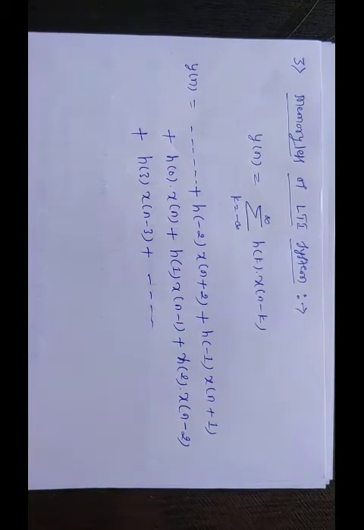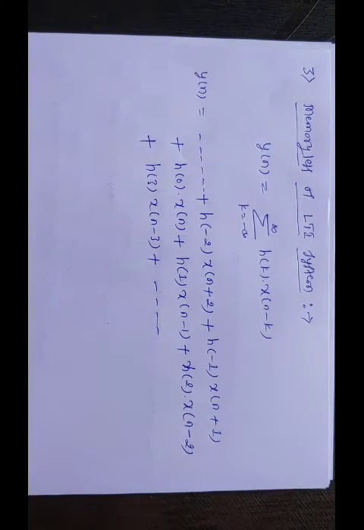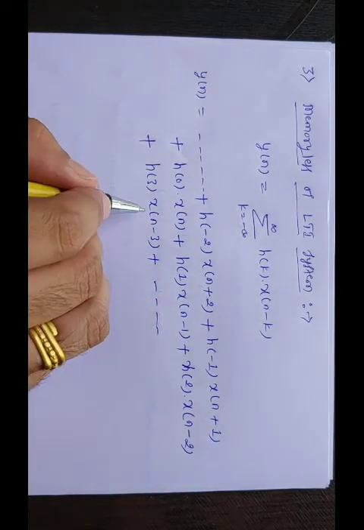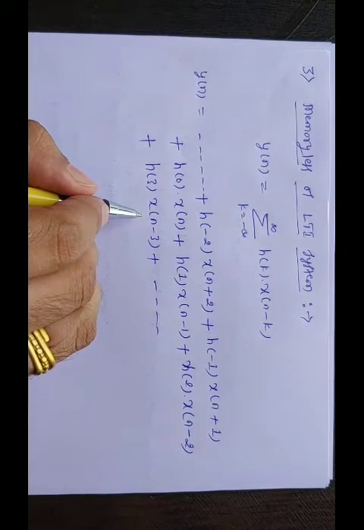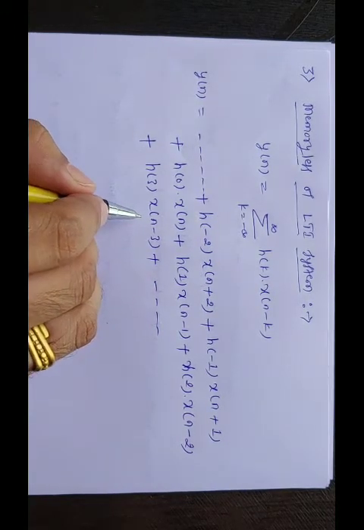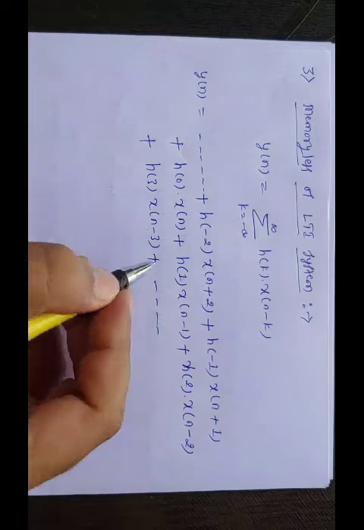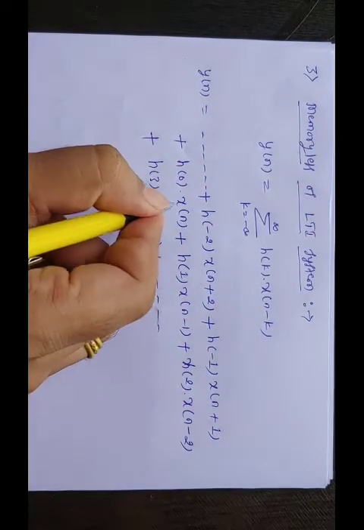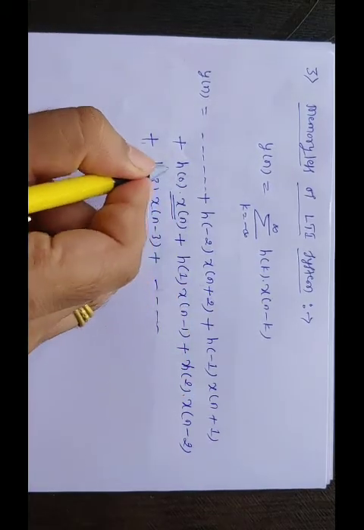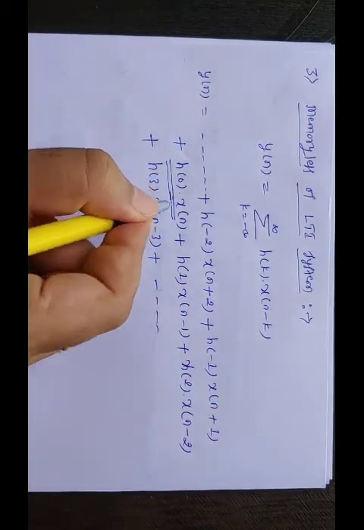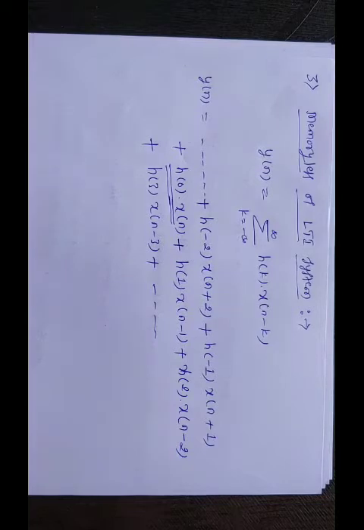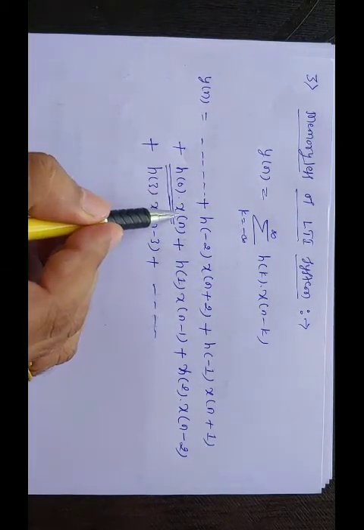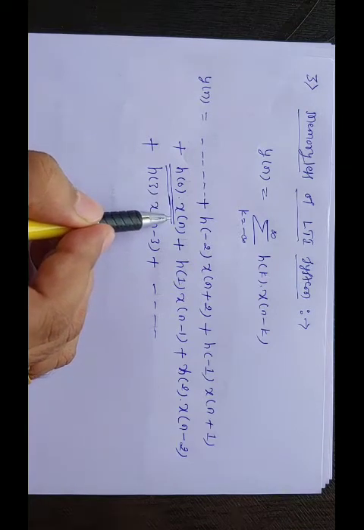Already, by the general definition, if the system has to be memoryless, then its output must depend only on the present value of the input. For this equation, the present value is only x of n, that means this one, h of 0 into x of n. So this term gives the present value.